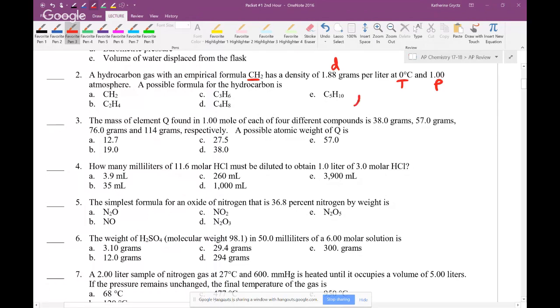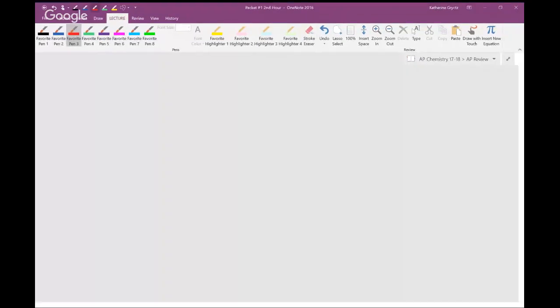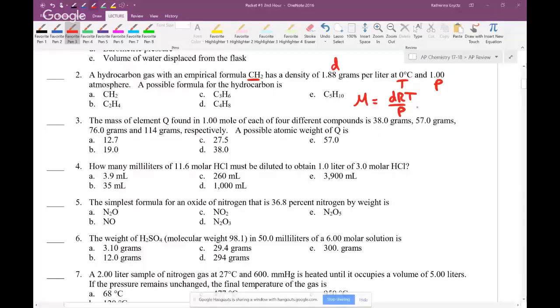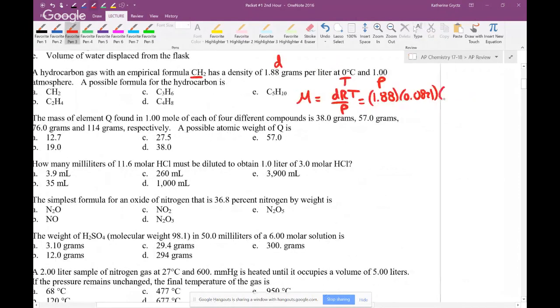Density times RT over P. You just have to be careful about your units. So we have 1.88, 0.0821 liter, 273, and 1.